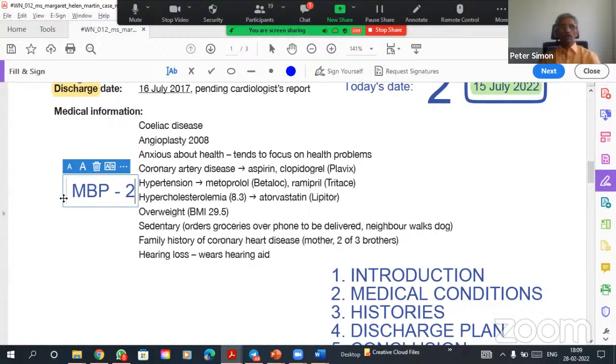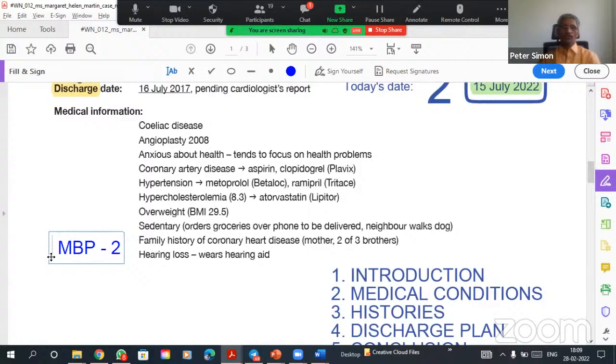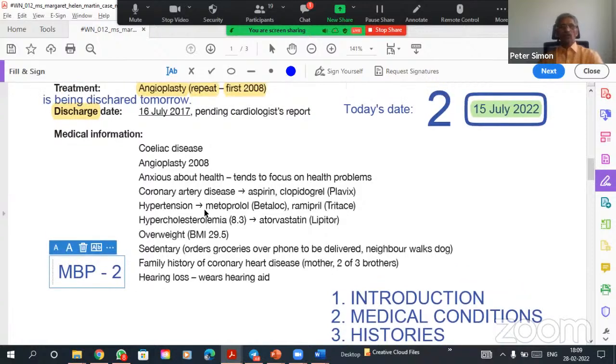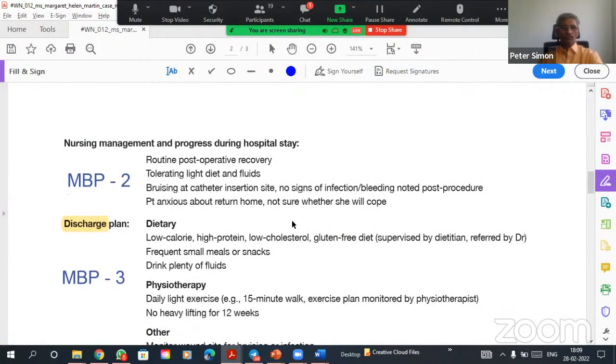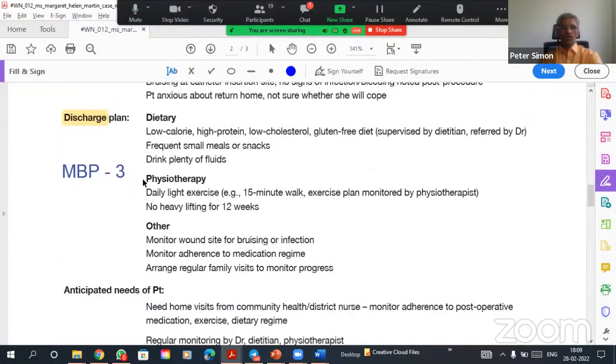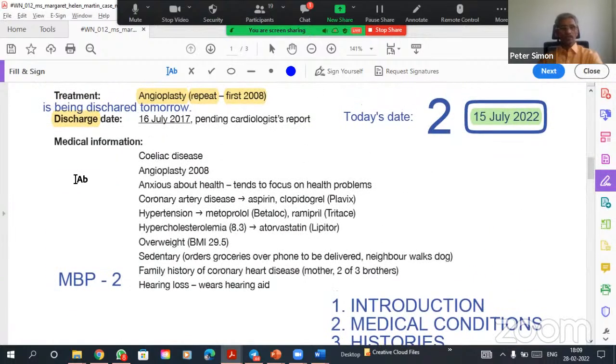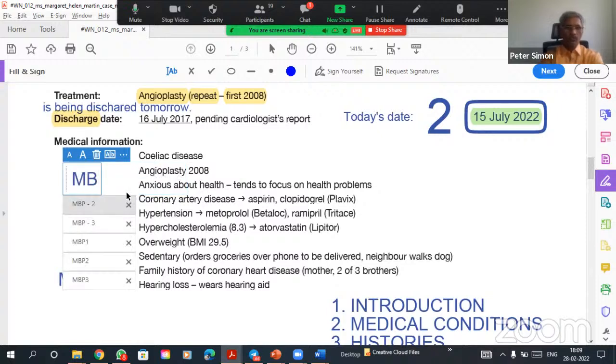So now all these things. Right. Then what else is missing? Yeah, this is all the discharge plan, needs and requirements, everything. And here are the problems, disease and all, in main body paragraph 1.